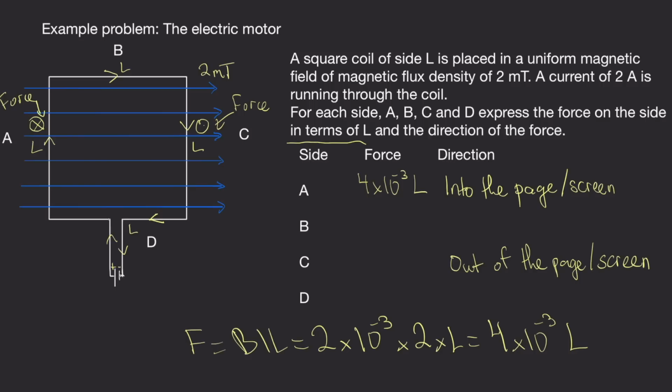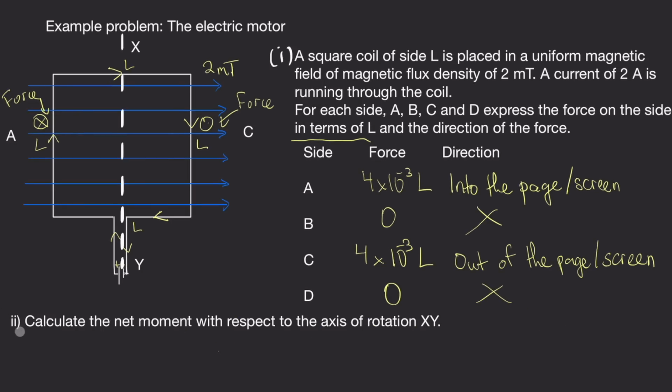Therefore, the force is going to be 0 and it's not going to have any direction. For C, the magnitude of the force will be exactly the same. F is equal to BIL, which is going to be 4 times 10 to the power of minus 3 L. And for D, we're once again going to have 0 force, no direction in a way, because the magnitude of the component of the magnetic flux density perpendicular to the length L is 0.